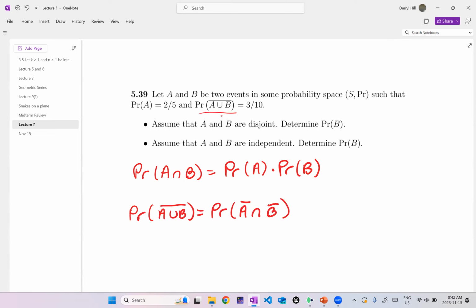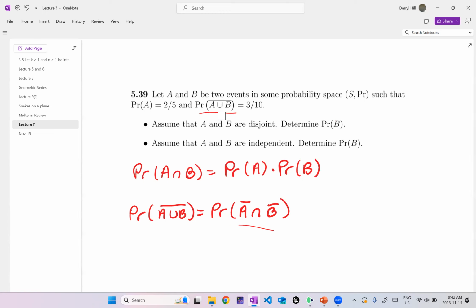I negate each individual term and I flip my union to an intersection. So it's not true that A or B happened is the same as saying A did not happen and B did not happen.